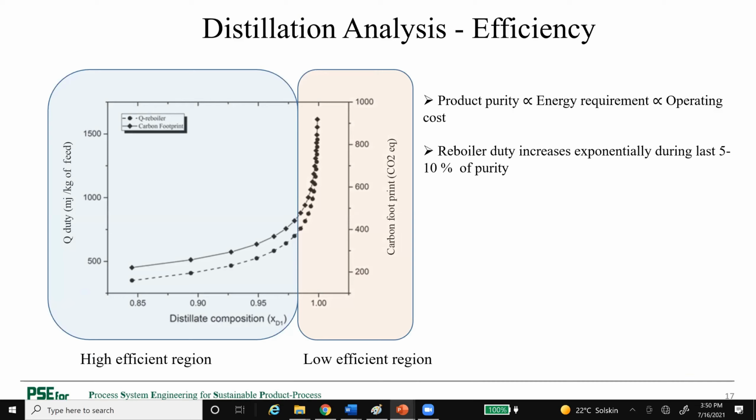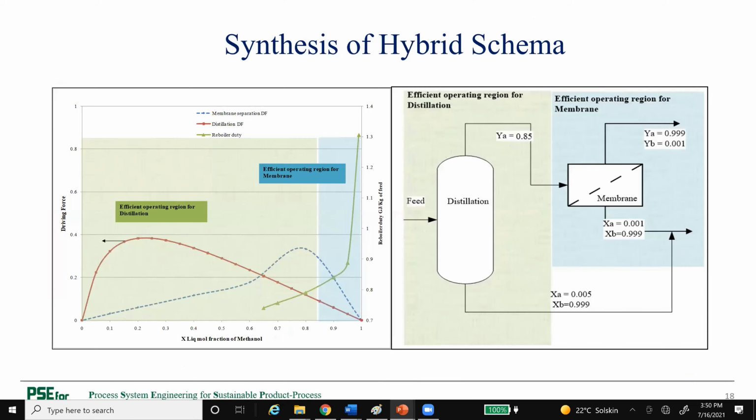So then the question is, why should we use distillation for that inefficient part? Can we replace it with something else? And that something else, one of the alternatives, could be membrane. There are other alternatives. So we combine membrane with distillation such that the membrane is efficient for its part, distillation is efficient for its part.